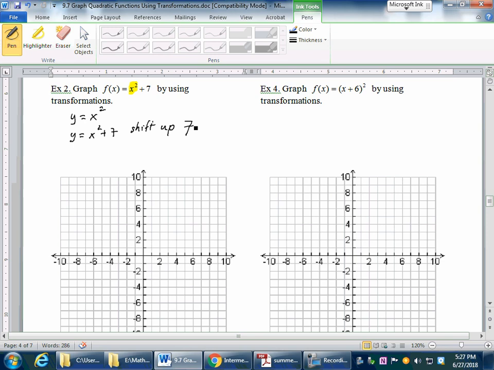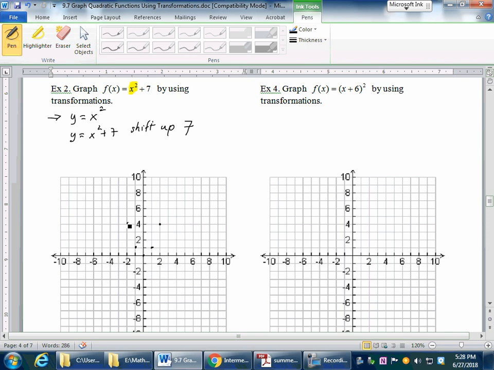When I plug a few points into my parent's graph, 0 will be 0, 1 will be 1, negative 1 will be positive 1, 2 will be 4, negative 2 will also be 4.